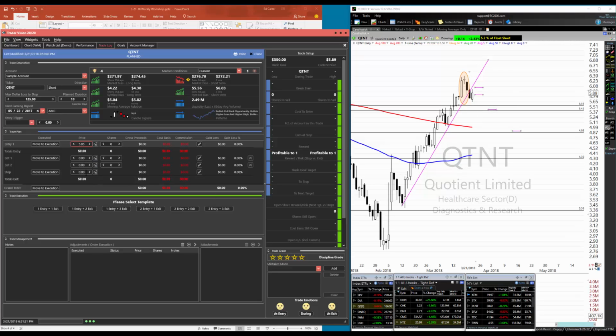And a $6 stop with a 544, and then a 490 set of targets. 800 shares it says we can do. I know that's way too much for a small account. Even 400 is too much.